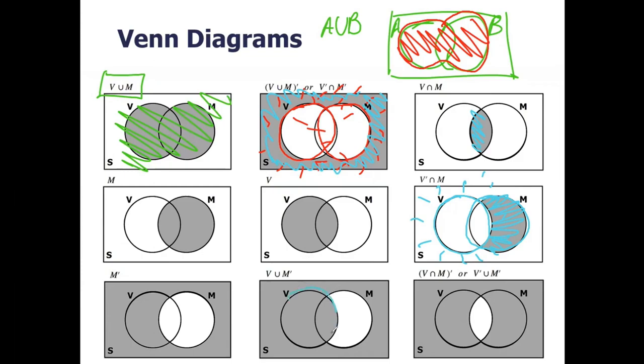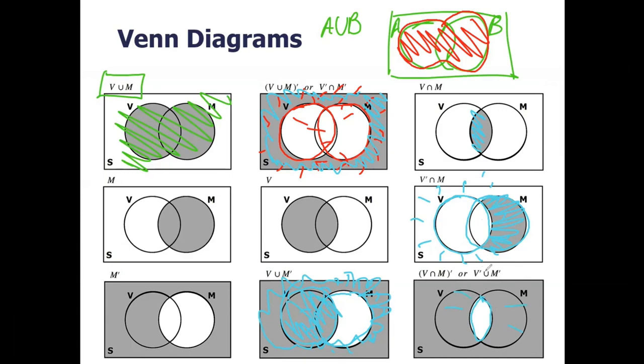V or not M. So very important. Here's V, everything inside of that. Here's M, but we're looking for not M, so everything outside of that. So we're looking for everything outside as well as V. So that means that's this, also everything outside of M. Then not V and M. If this is V and M, then we want everything outside of it, right?